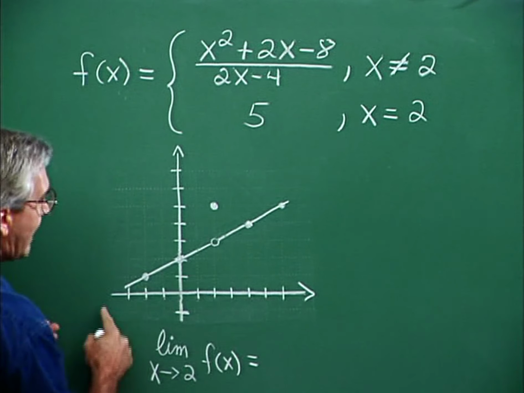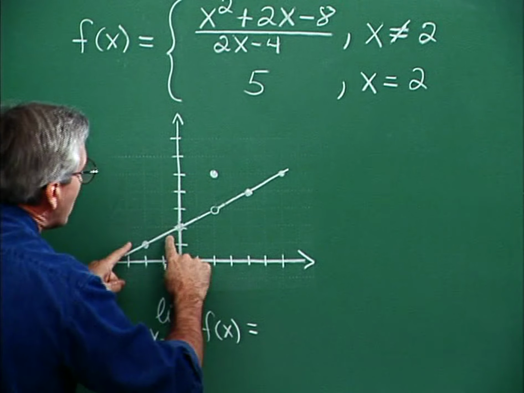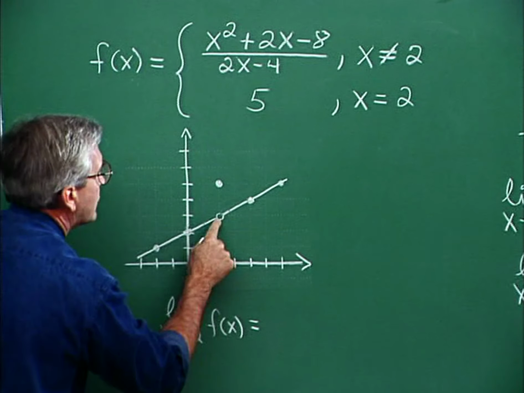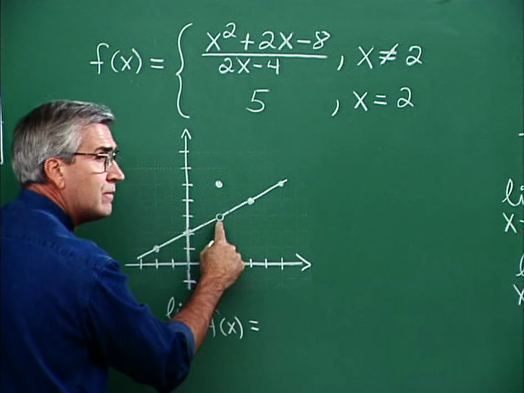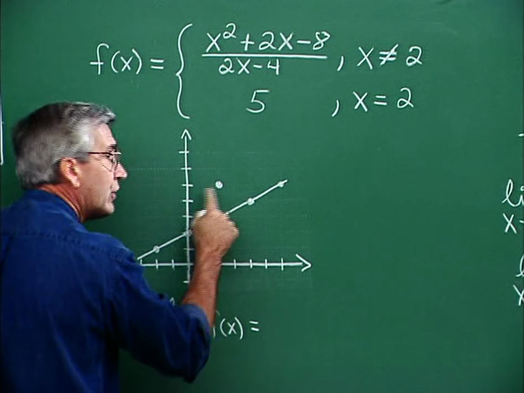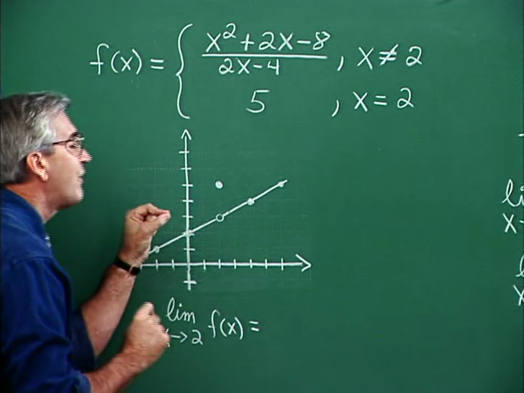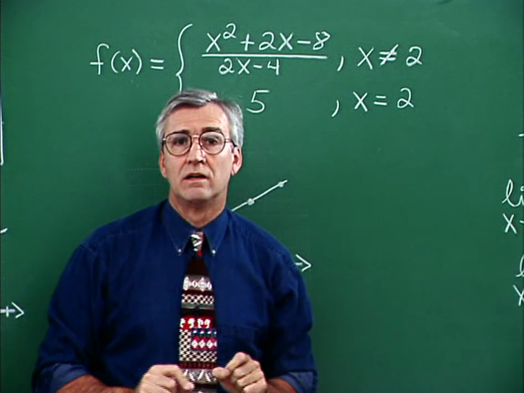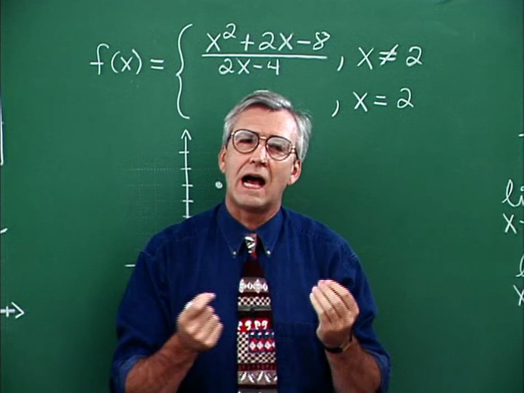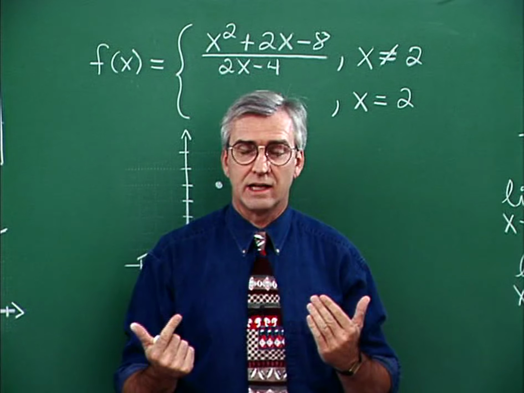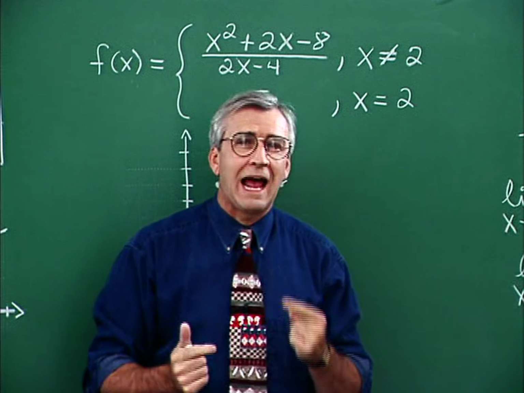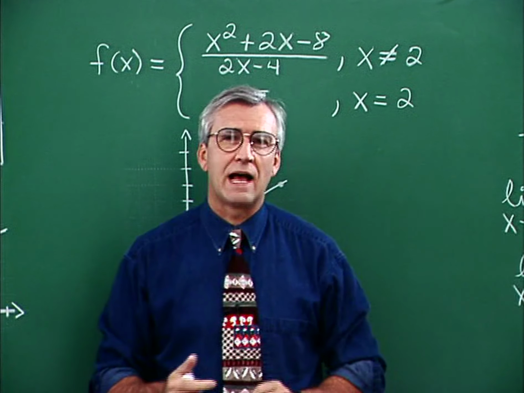So here's what the graph looks like. In this part of the definition, the function is undefined when x is 2, but we're defining f of x to be 5 when x reaches 2. So f of 2 is 5. But is that the limit? No, because the limit investigation is what f of x is approaching as x approaches that target point.